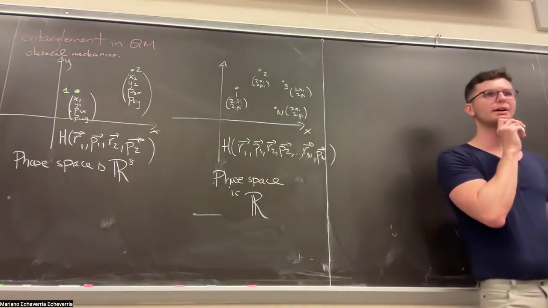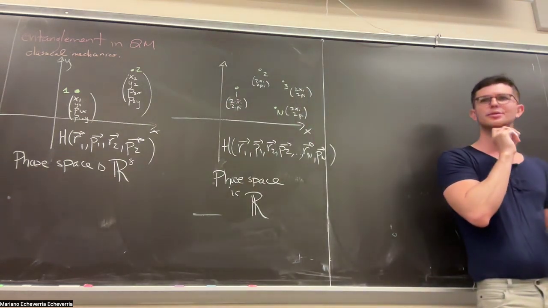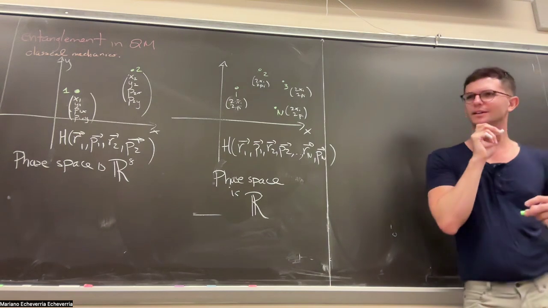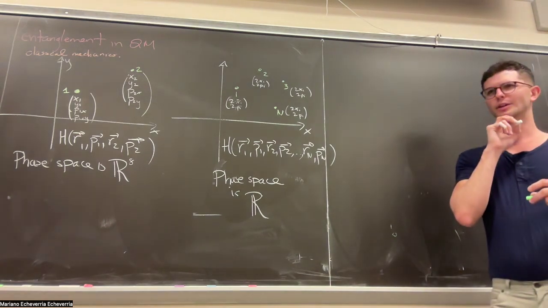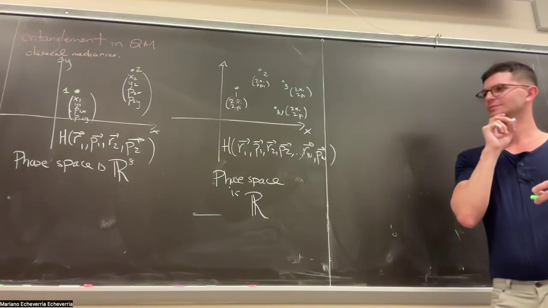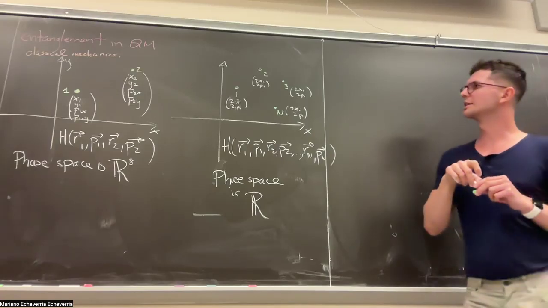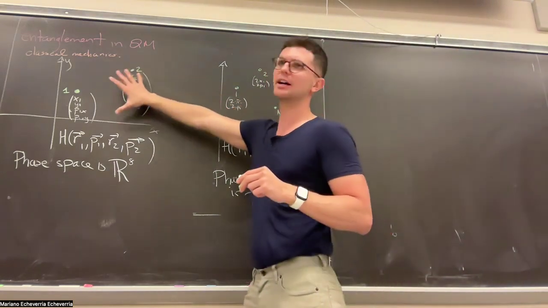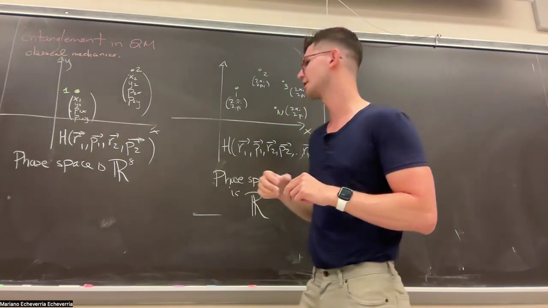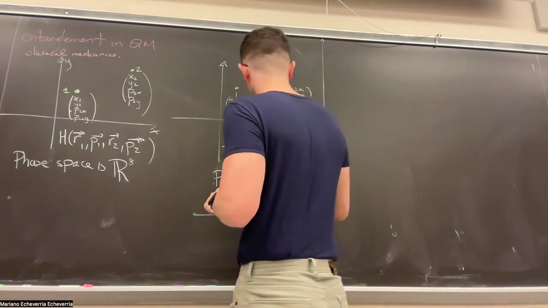What exponent should I put? What do you think? Well, each one is giving you four things. The vectors here have size 4, and there are N particles now, so it's R to the 4N.